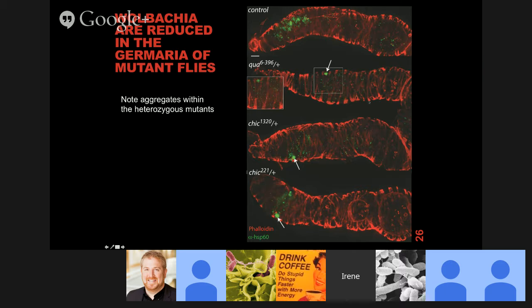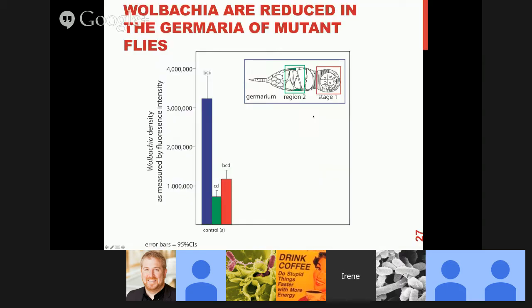And we also saw relatively diminished staining in later stages of oogenesis. I should mention that these aggregates are extremely fluorescently intense. If you were to look at these raw images, you would notice quite obviously that they are aberrantly intense in the fluorescence that we're detecting here.